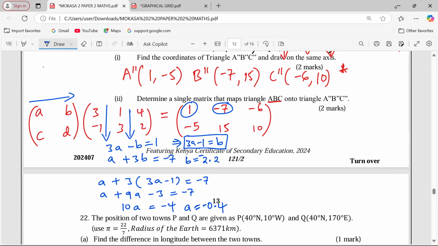Now for B and C, we repeat the same procedure. Repeating the same procedure means we check for C and D now. The row C and D with the first column gives us 3C, then negative D. This one should be the same as the first element there, which is negative 5.